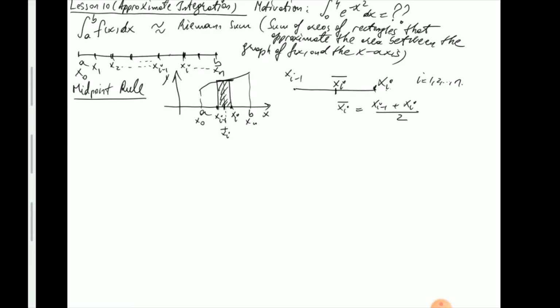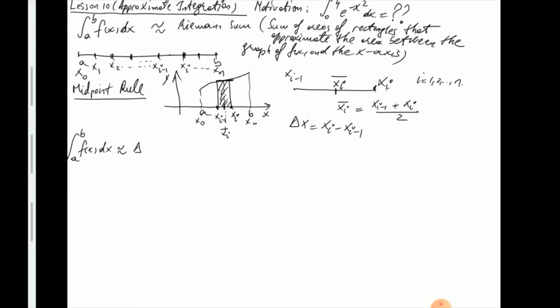And because we choose this partition to be equally spaced, the distance between any two intermediate points is the same, and we're going to denote that distance by delta x, as is commonly done in these notations. So that being said, the integral from a to b of f of x dx will be approximated by the sum of the areas of these rectangles.